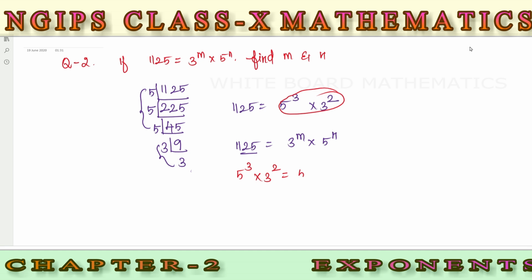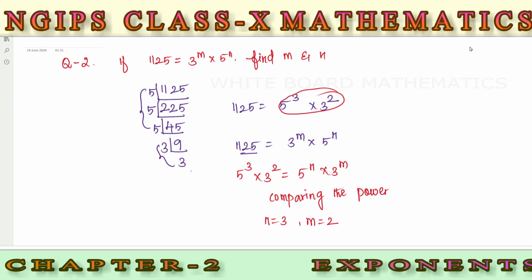So I can write 5 to the power n into 3 to the power m. Now if you compare both the values, because we have an equal sign between left hand side and right hand side, when you compare the powers when bases are the same, I can write here n is equal to 3 and m is equal to 2. So this is the answer we got here.